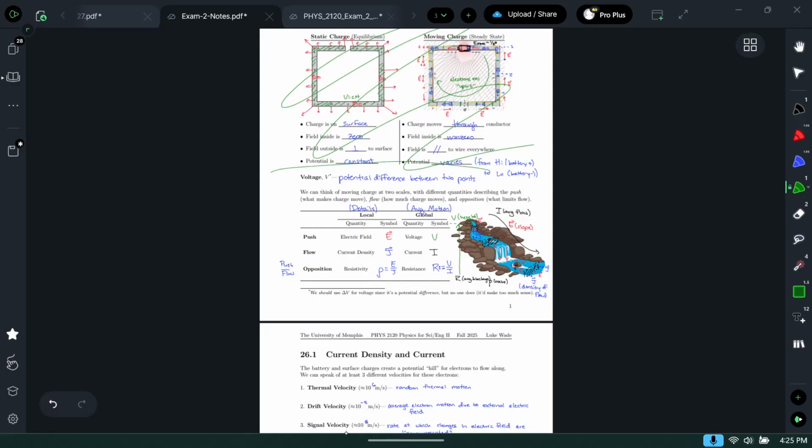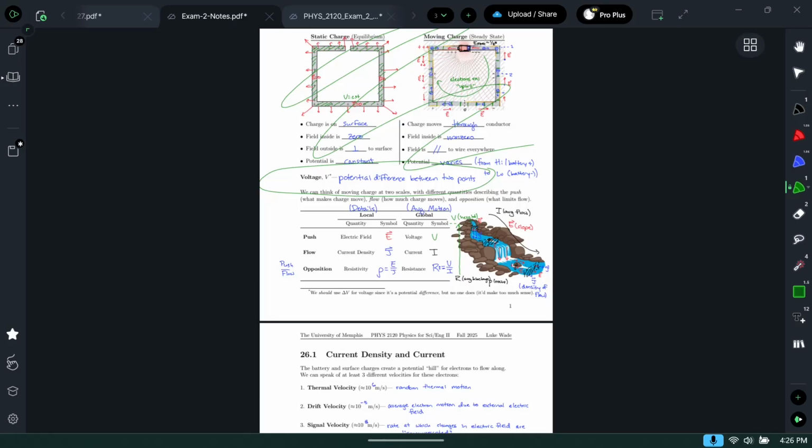But here's where we actually define voltage for the first time. It's the difference in potential between 2 points. So you could think of that, in the analogy, as the actual height difference between 2 locations. Because really, in and of itself, height is not that important. You put a ball on top of a tall hill versus a shorter hill, as long as they have the same change in height between 2 particular points, it's going to have the same effect on the ball.